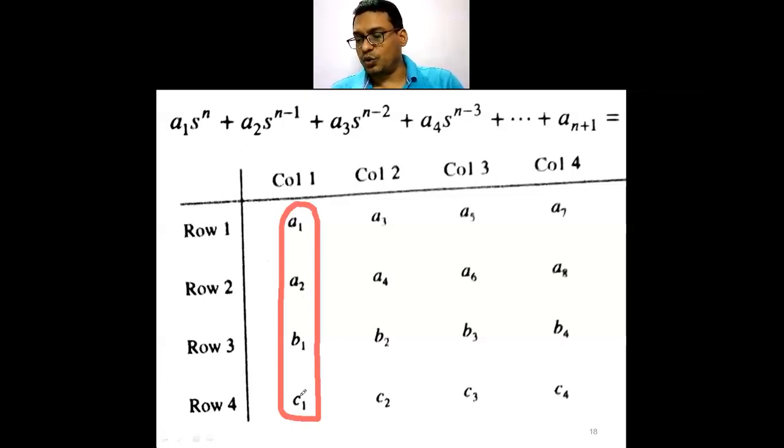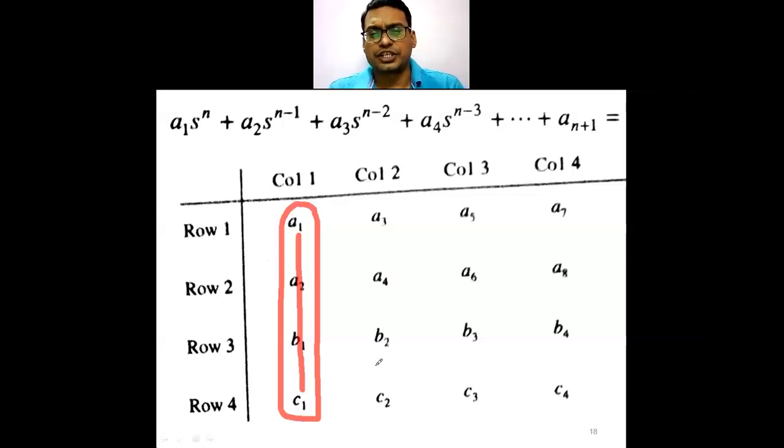Then the second rule is that the number of roots with the positive real part corresponds to the number of sign changes in the first column.